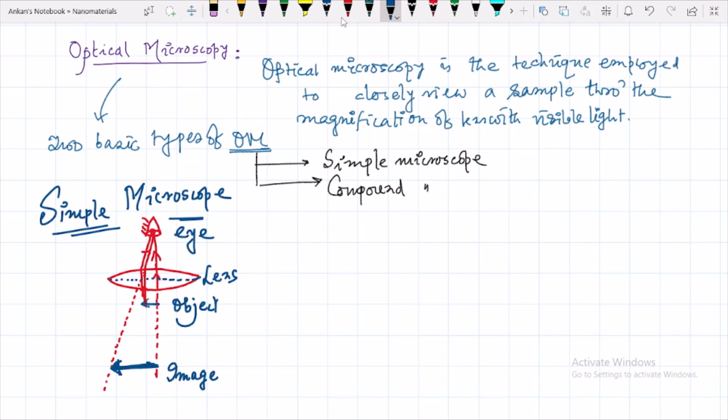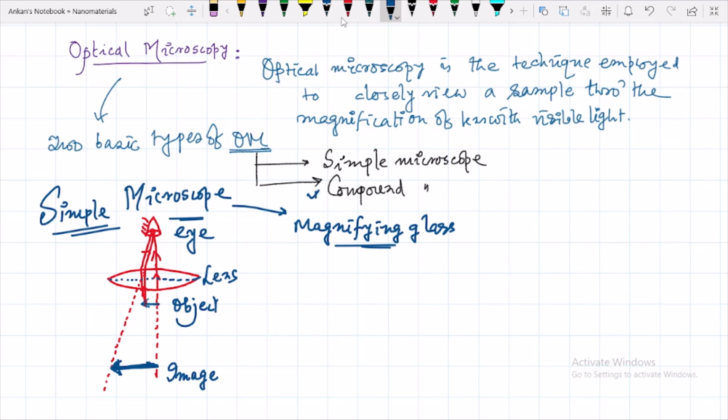The use of a single convex lens or group of lenses is found in simple magnification devices such as a magnifying glass. So this is the method employed for the magnification of the nanostructure material.